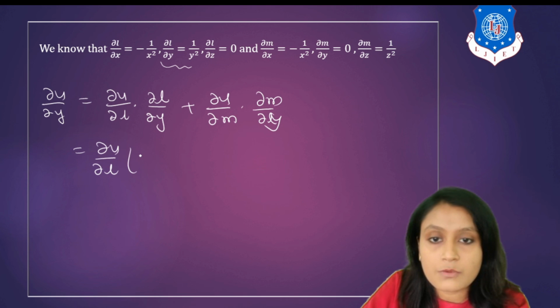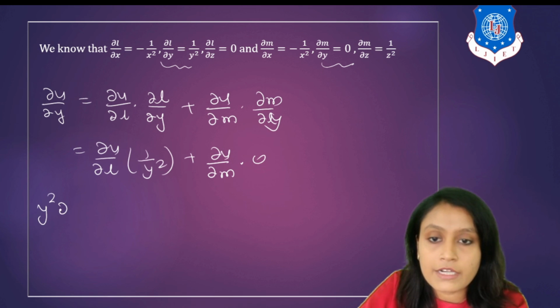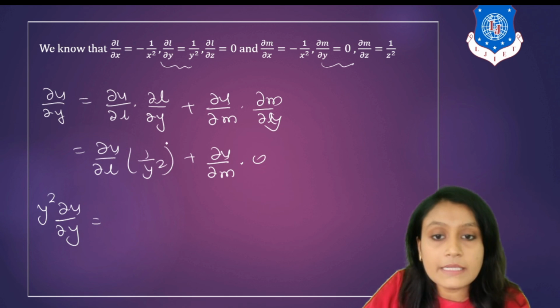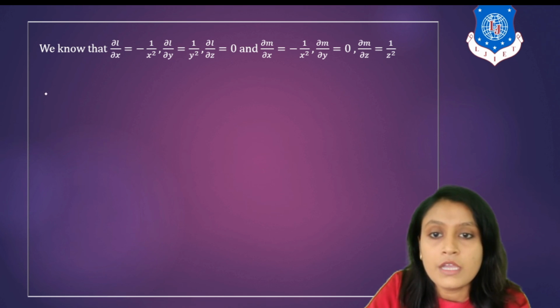It is 1 upon y². So here you will get 1 upon y² plus del u by del M into del M by del y, which is 0. So put 0 over here. Now we have to multiply it with y², so you will get y² del u by del y, multiplied by y², so y² will get cancelled, and you will get del u by del L. Give it number 2.